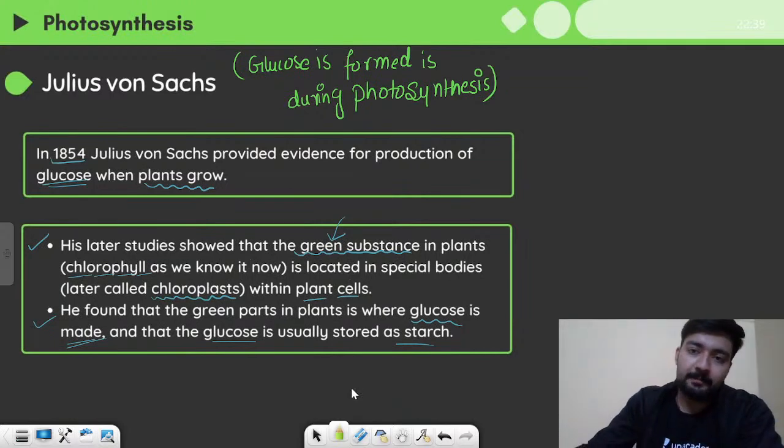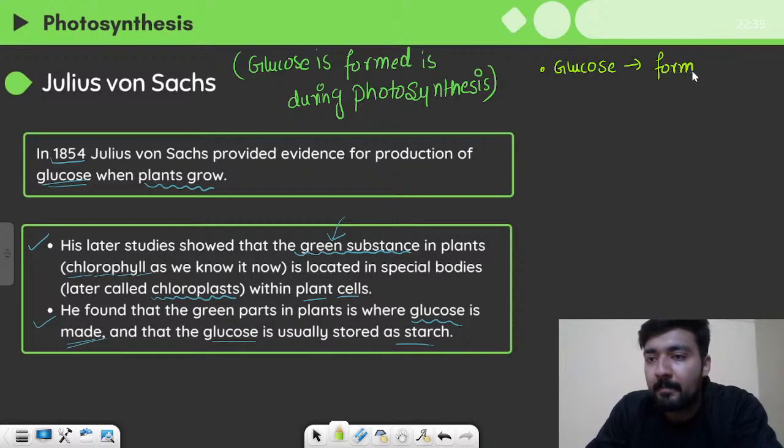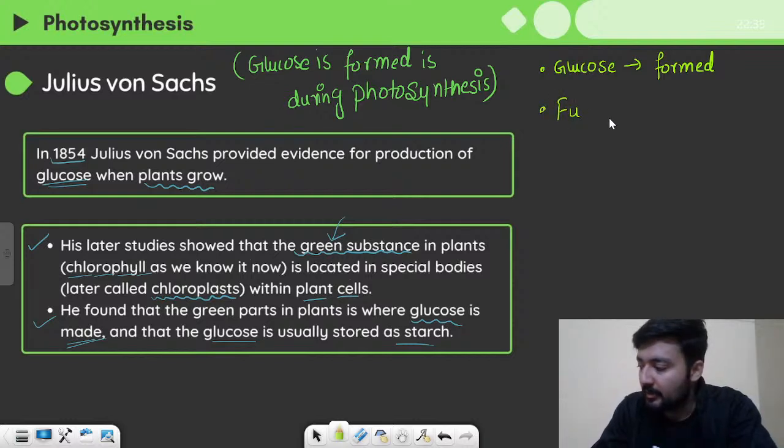To give you an idea of all the forms, see, glucose is the sugar which is formed. It is transported in the form of fructose. No, sorry, sucrose. If we have to transport sugar, we transport it in the form of sucrose. Right? Sucrose is suitable for transport.